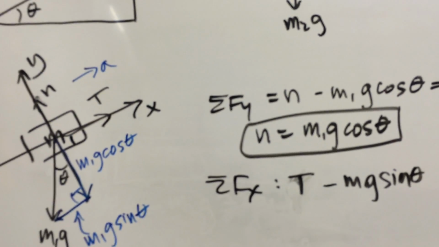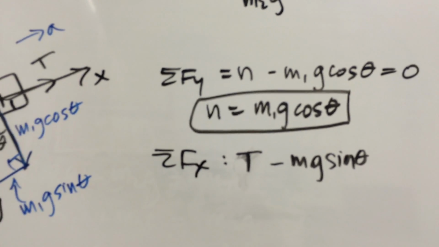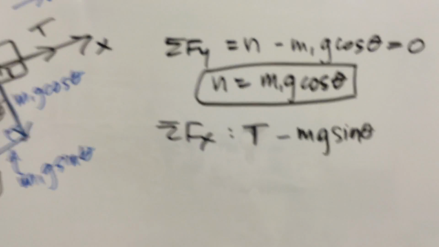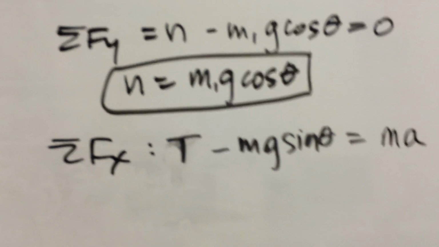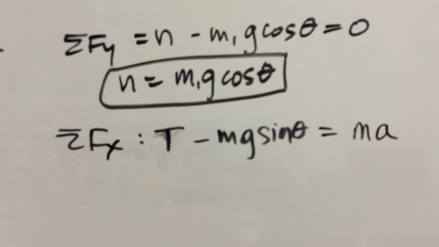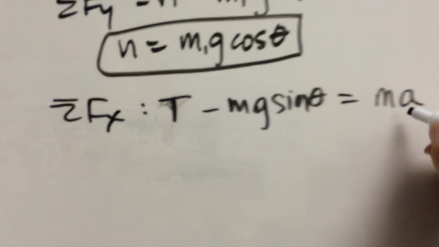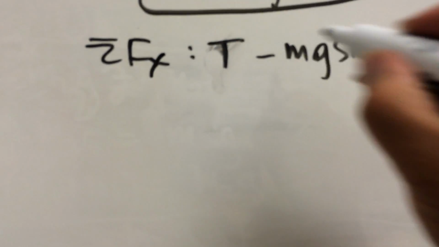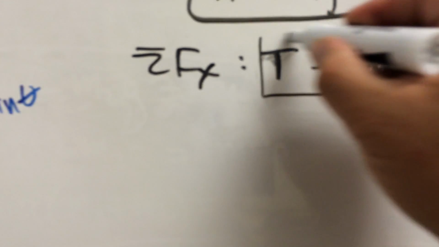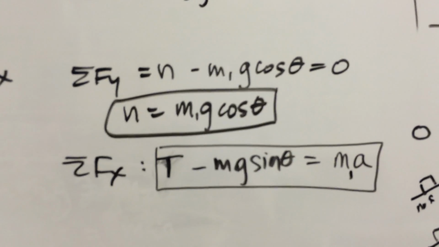Those are the only two forces along that coordinate. In this case, it has to equal ma, with the mass m1, and the direction is positive x, so we don't put a minus sign in front of it this time. So we end up with this formula for the second object.